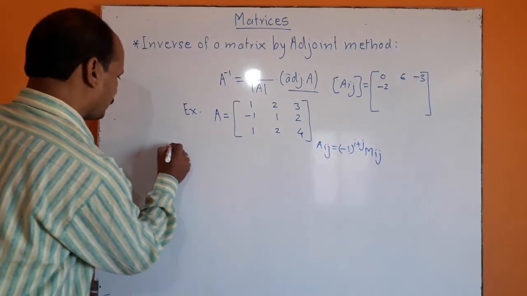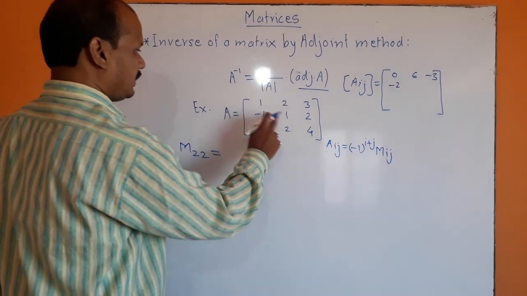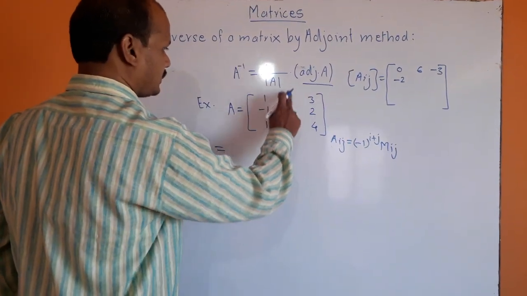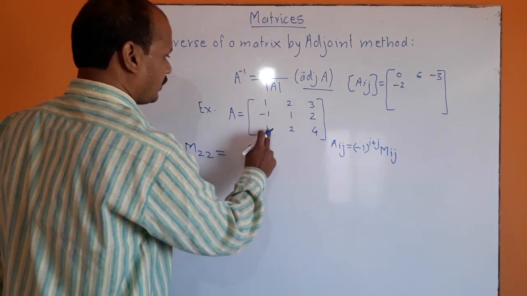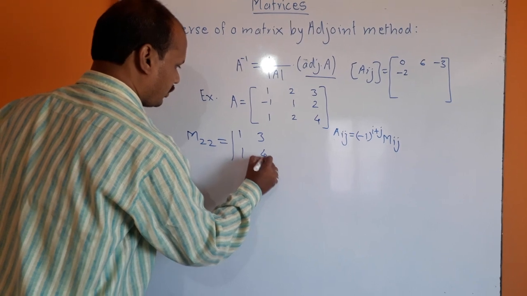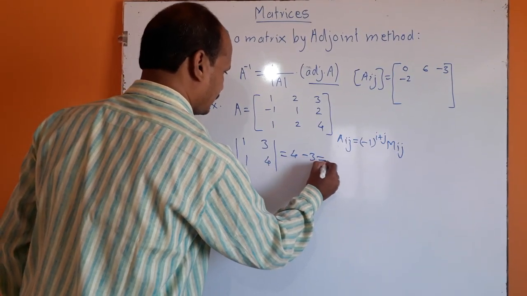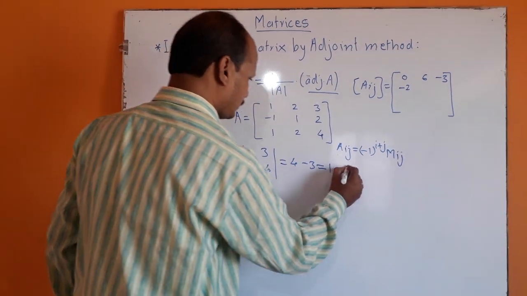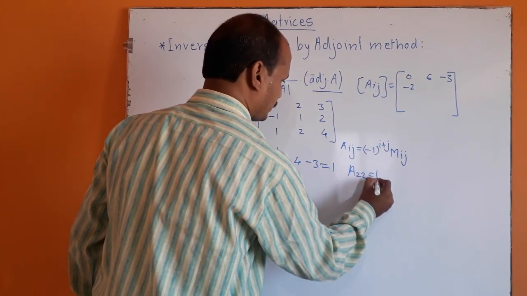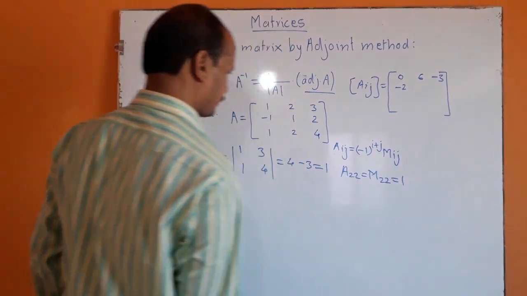Now M22, the minor of 1, deleting the second row and second column: determinant [1 3; 1 4], which is 4 minus 3, equal to 1. A22 equals M22, equal to 1.